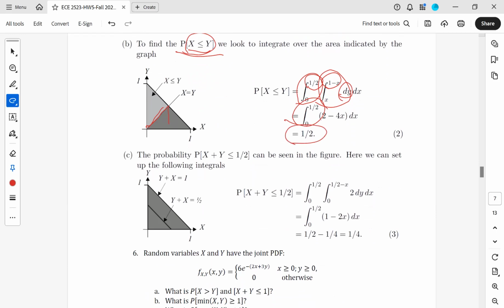Again, if you draw the span, it's easy to recognize and visualize what it means. The intersection of our condition for the PDF and our condition for the event makes x limited to a certain value. So this is the higher limit of x, and this is the lower limit of x based on the visualization.